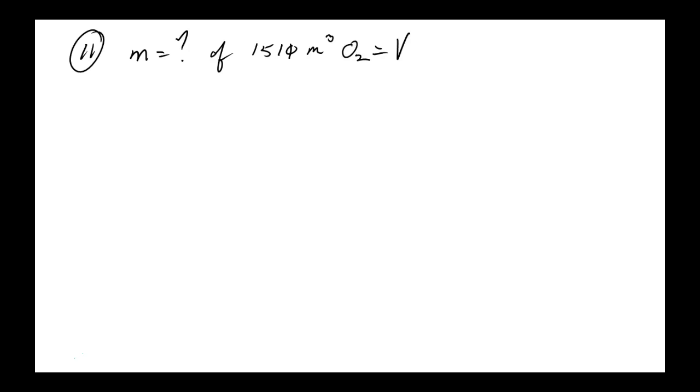Let me read on. Find the mass of 1,510 cubic meters of oxygen at 0 degrees and 1 atmosphere. Okay. Now, we haven't dealt with those before, unless, of course, you turn back to the table. What table might we turn to?